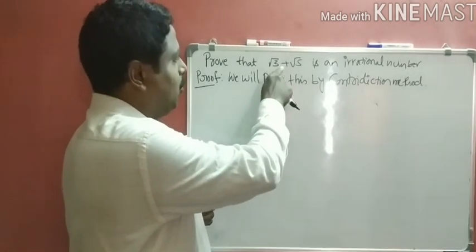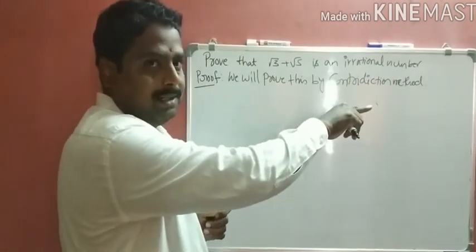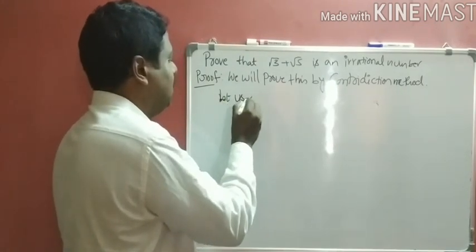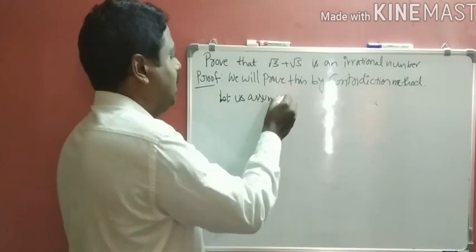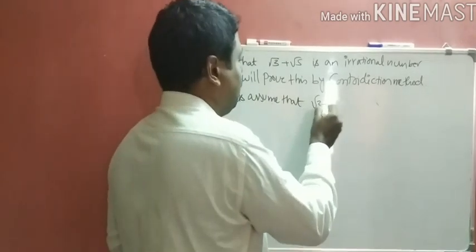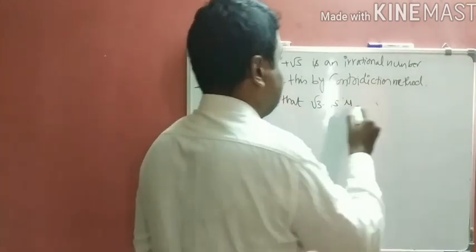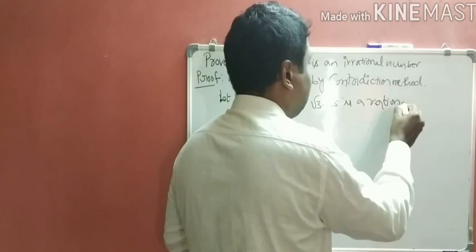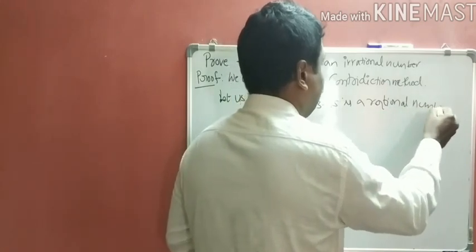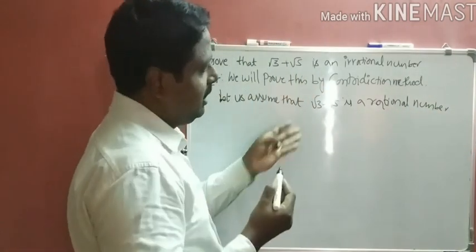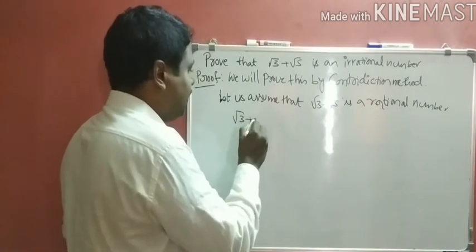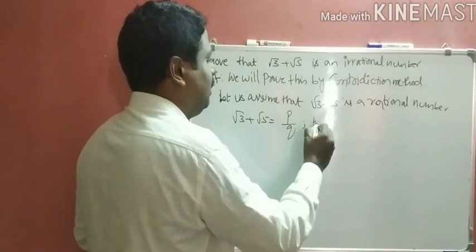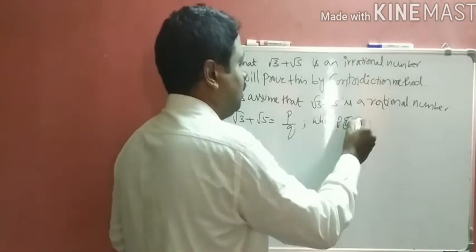Since we have to prove root 3 plus root 5 is an irrational number, let us assume that root 3 plus root 5 is a rational number. Since we assume that it is a rational number, it can be written as root 3 plus root 5 is equal to p by q, where p and q are co-primes.